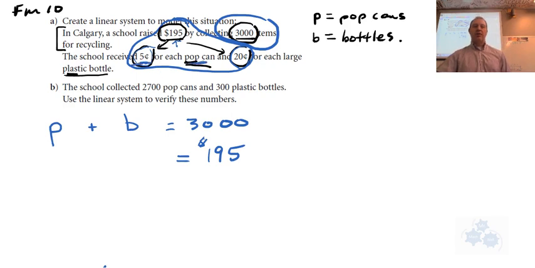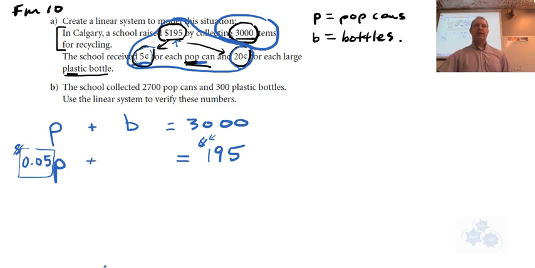So we multiply P times the money value. Now this is in dollars, so the number I put here has to be in dollars as well. How do I represent 5 cents as dollars? 0.05? 5 cents is $0.05, yes? We're good with that? Okay.